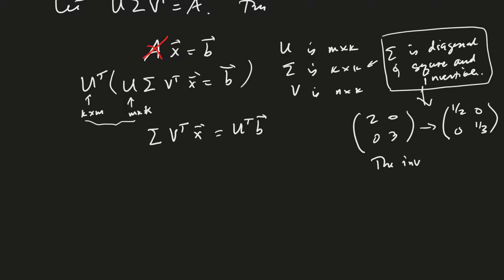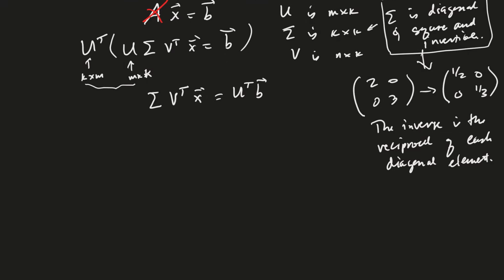The inverse is the reciprocal of each diagonal element, and so it itself is diagonal as well. Okay, so this is like an example sigma, and this would be how you compute sigma inverse. So when you have a diagonal matrix, it's really easy to invert it. You just take the reciprocals.